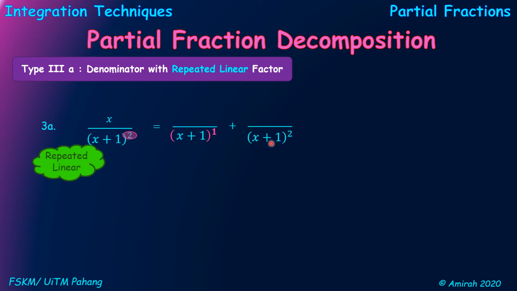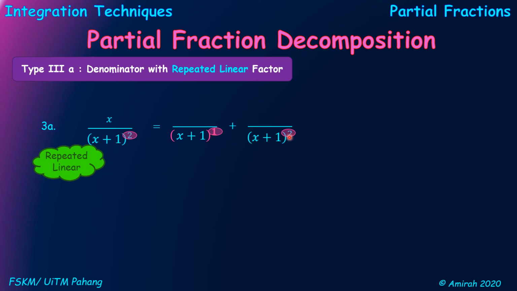The same linear factor, but we must write the bracket squared. So now we have a square here, a repeated linear factor. First, we must write the bracket to the power of 1, but there is no need to write the power of 1, and then the bracket squared.